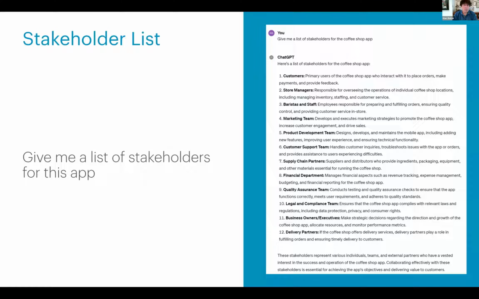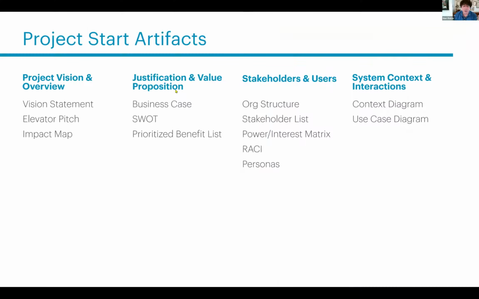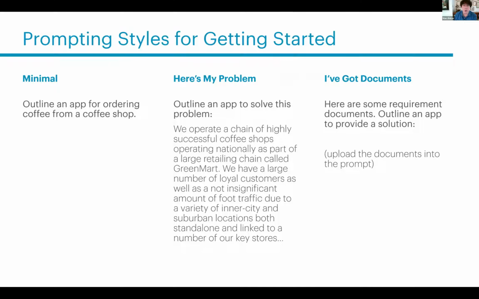ChatGPT, Claude, all of these agents, you just have to ask, well, tell me about what's involved in ordering coffee from a coffee shop. You kind of go back to prompt style number one, the minimal prompt, it's still going to tell you a lot about what's expected. Sometimes this is referred to as a metaphor.